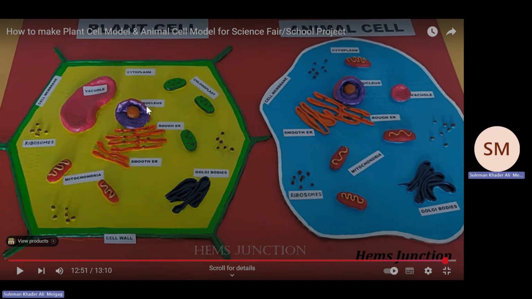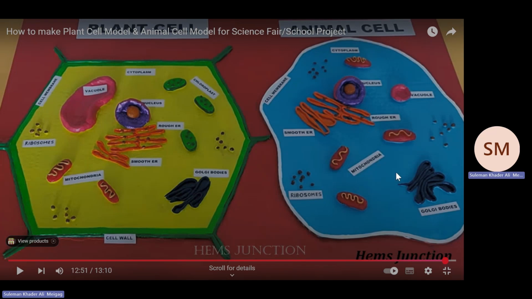And then in the plant cell, you have the chloroplast, you have Golgi apparatus like the animal, you have mitochondria, you have ribosomes, but you also have more: the cell wall extra. Okay, cell membrane and cell wall.